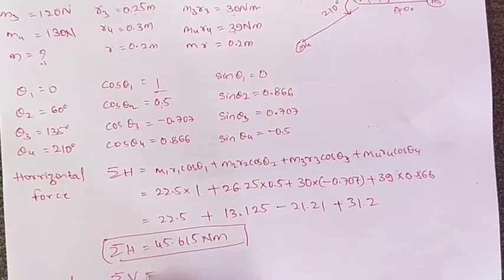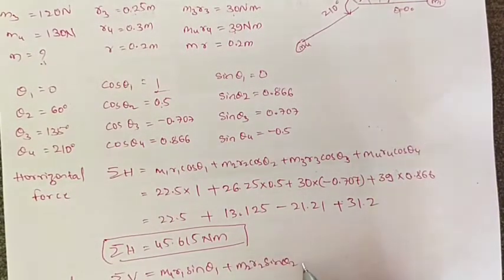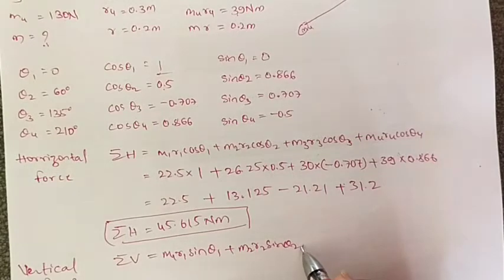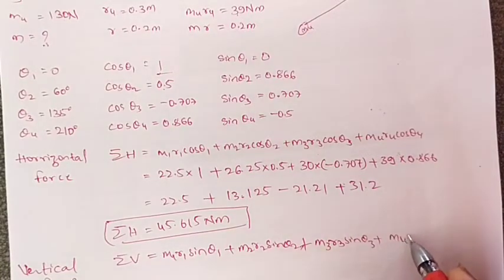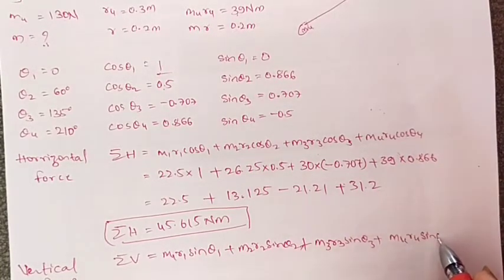That is delta V is equal to the same m1 r1, but instead of cos you take sin: m1 r1 sin theta 1 plus m2 r2 sin theta 2 plus m3 r3 sin theta 3 plus m4 r4 sin theta 4.